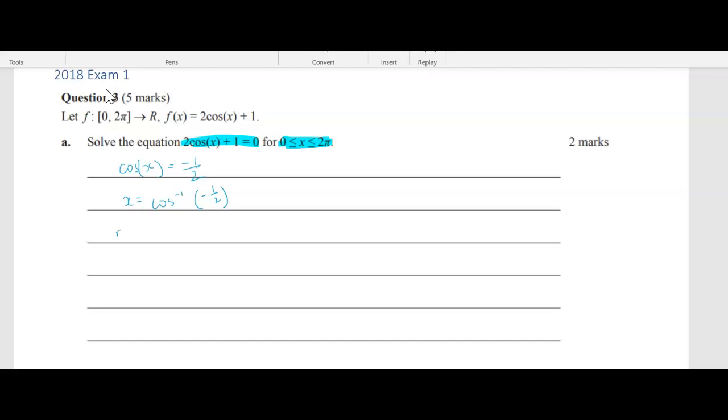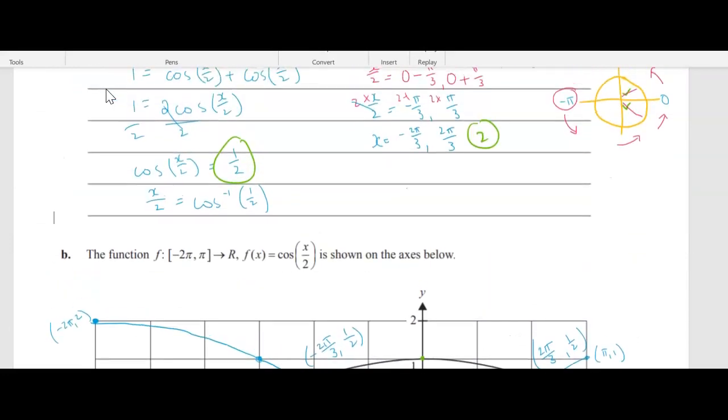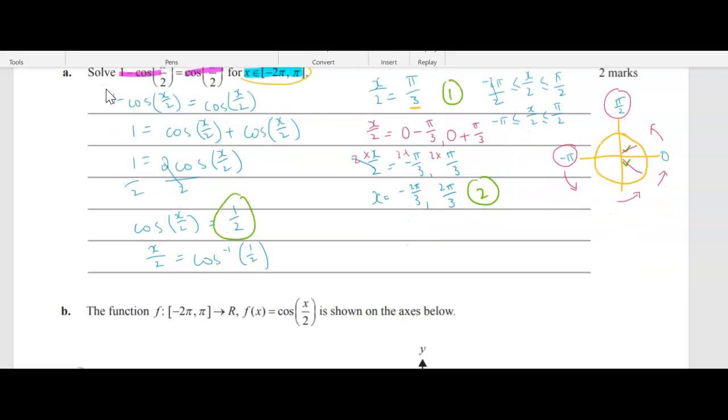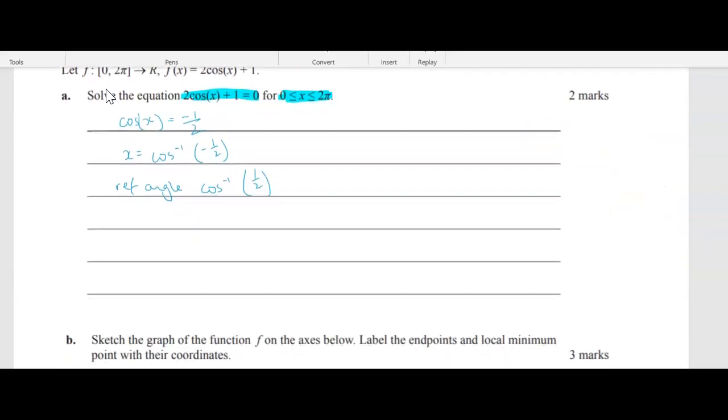Now, you only need the reference angle, so don't worry too much about that negative. So your reference angle is inverse cos of 1/2. Now, we did that before, and I can't remember what it was. Let me just scroll up. What was it? Pi on 3. Okay, so it's pi on 3 is your reference angle.